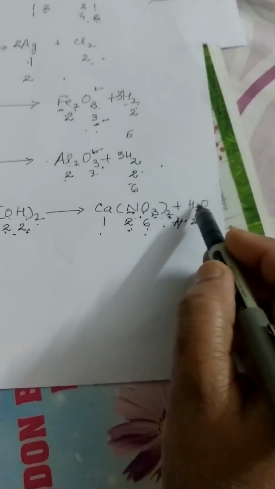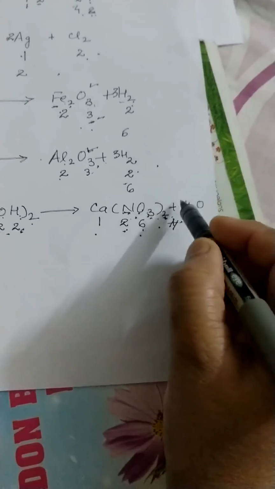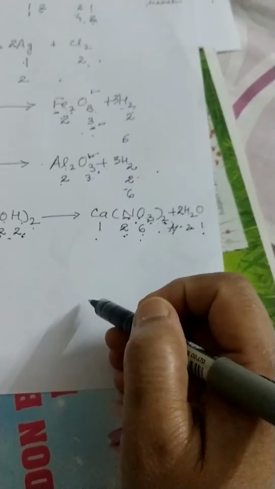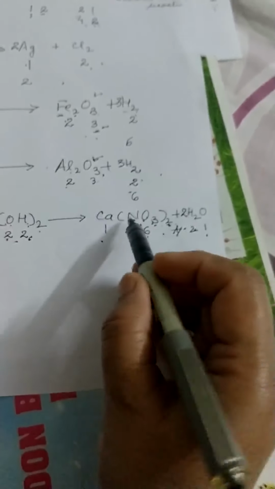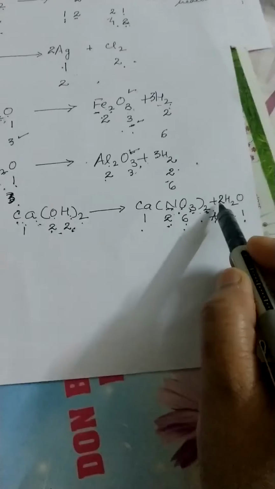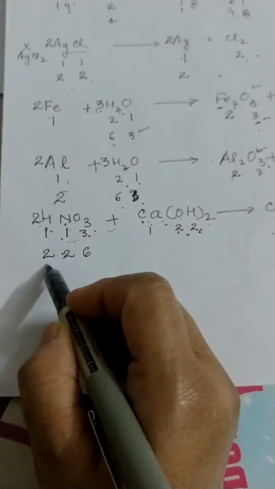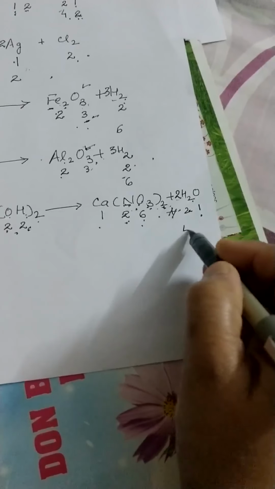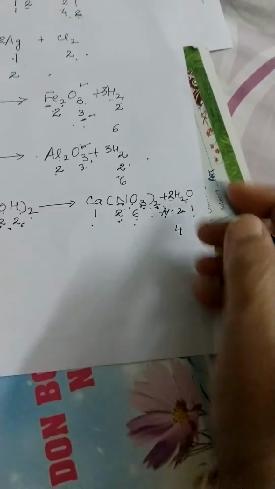So I look at hydrogen and put 2 over here to make it 4. Since my nitrogen is already balanced, now hydrogen is balanced as well. It has become 4, and nitrogen is 2.